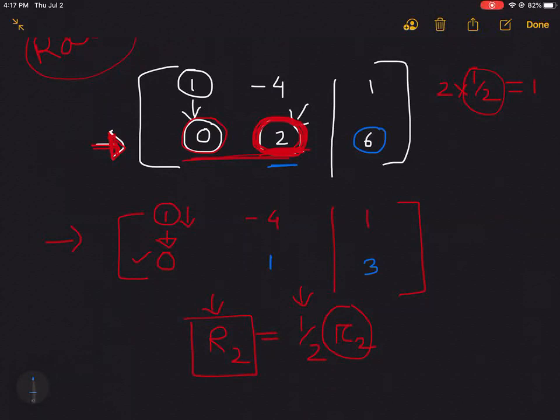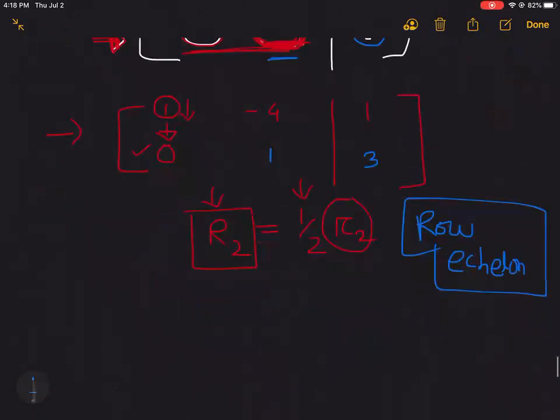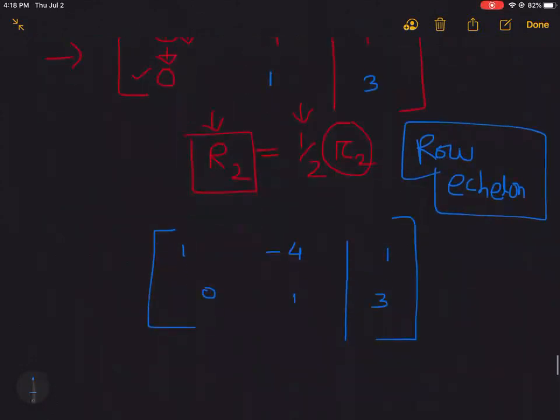So that will be the row echelon form. We have finally achieved the row echelon form. As you can see, let me write it for you. 1, negative 4, 1, 0, 1, 3. As you can see, the first row, first column, the first entry of the matrix is 1.